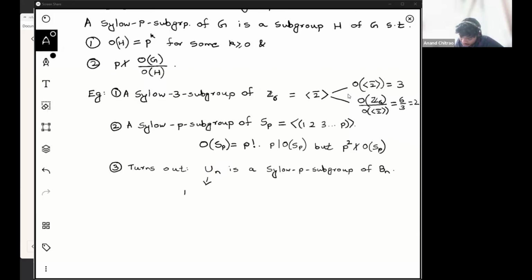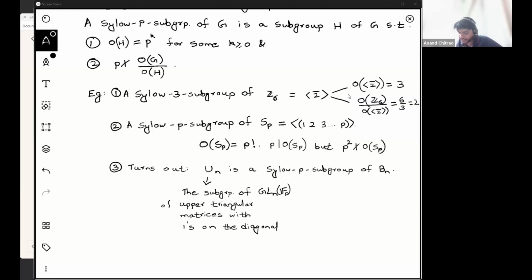U_n is the subgroup of upper triangular matrices with ones on the diagonal, a subgroup of GL_n(F_P).